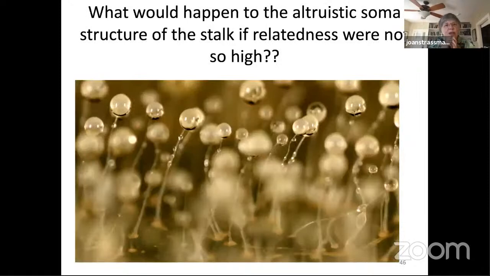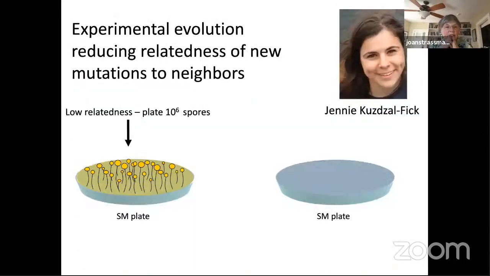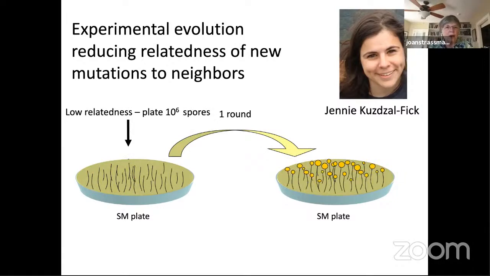But one of the joys of working on microbes is that we can take this another step and say, well, what if relatedness weren't so high? Can we knock down relatedness in experimental evolution and see what happens? Jenny Kuzdzal-Fick did this. The way we did it is a little counterintuitive: we started with a single clone, all genetically identical, then picked up 1 million spores and plated them on the next plate, and kept doing that for 30 rounds.